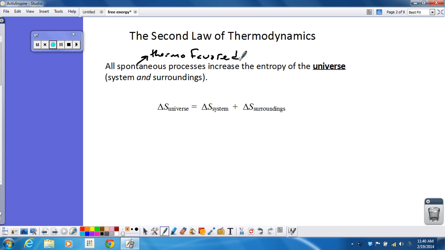So if we look at the entropy of the universe, which is system and surroundings, the entropy of the universe is constantly increasing. So that's all well and good, except it's really hard to measure the delta S of the universe. It's relatively easy to measure the delta S for the system. It's relatively difficult to measure the delta S for the surroundings. So what we need to do is come up with a way to rework this in terms of just the system.